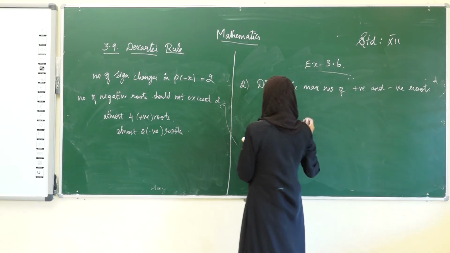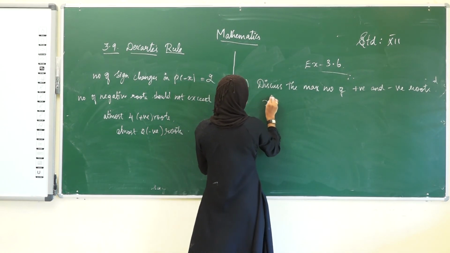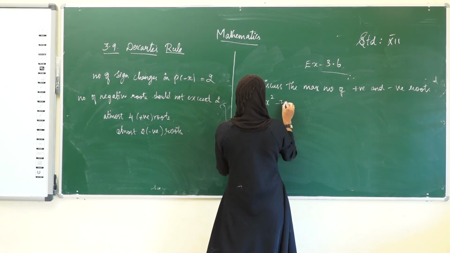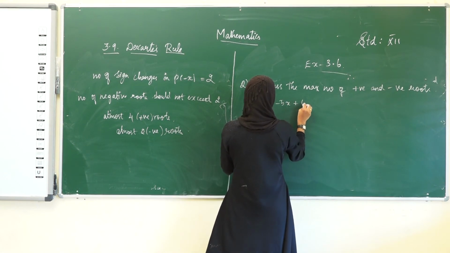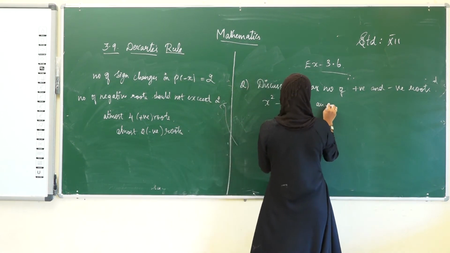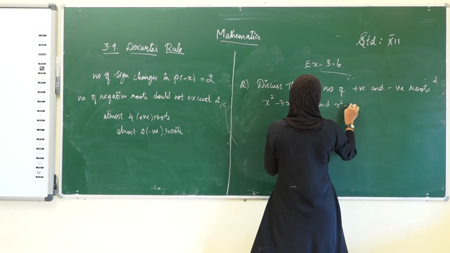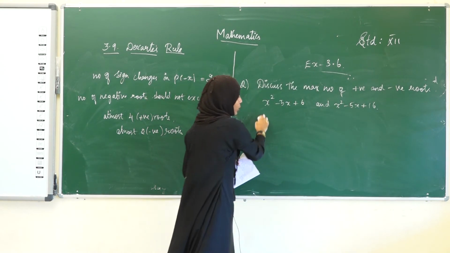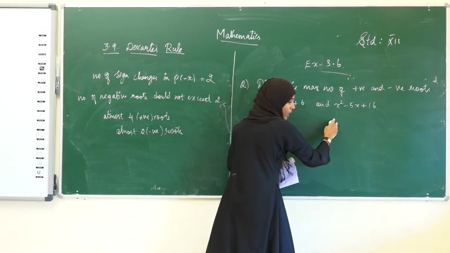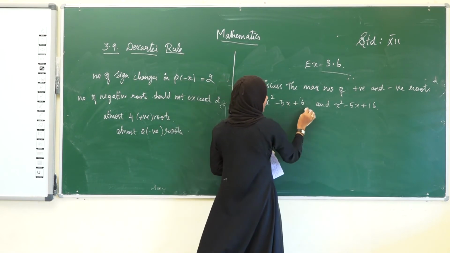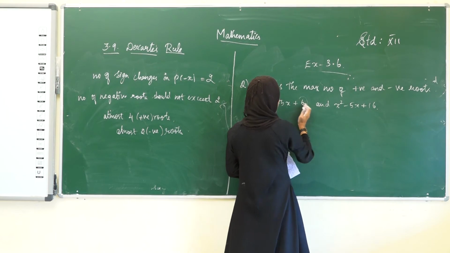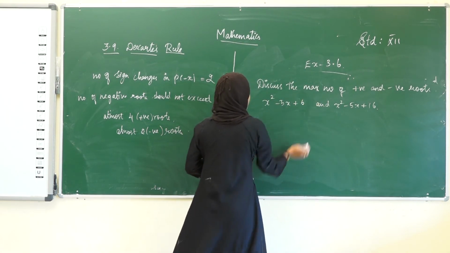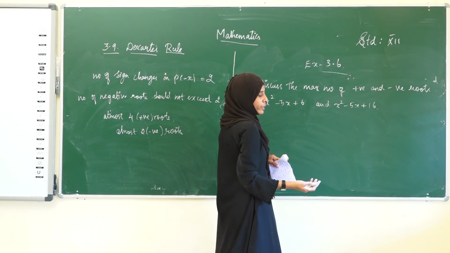They have given 2 equations, x^2 minus 5x plus 6 and x^2 minus 5x plus 16. These two equations are the same, only the constant term has been changed. So if we find the number of positive roots and negative roots for one, it's enough.